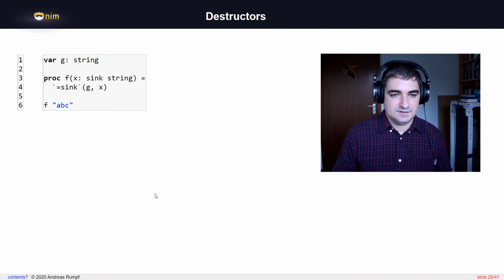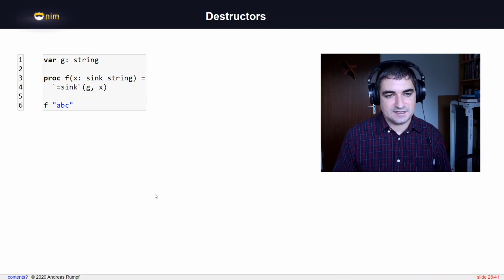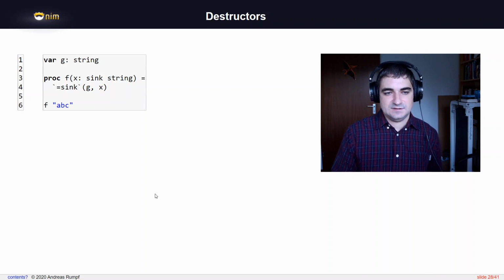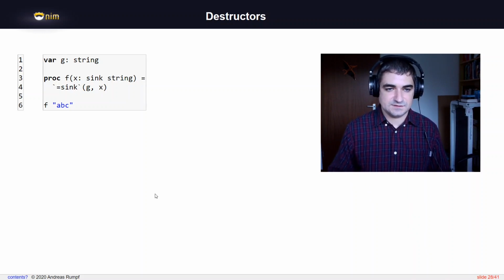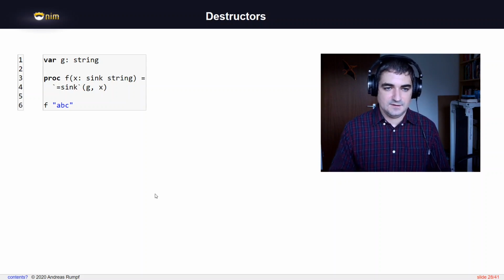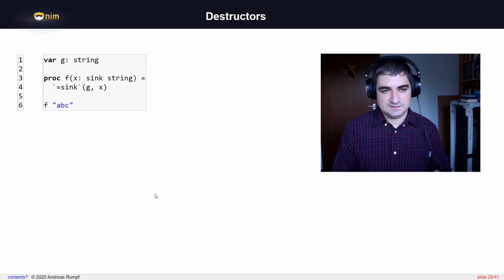So this =sink is actually half of a move. Like in C++, the sink is basically the first step of a move. And the other step, which is like invalidating the source afterwards, is optional. And the reason for the split is that this way is much easier to optimize, because then these was moved and destroy pairs are close together, and we can make them cancel each other out.